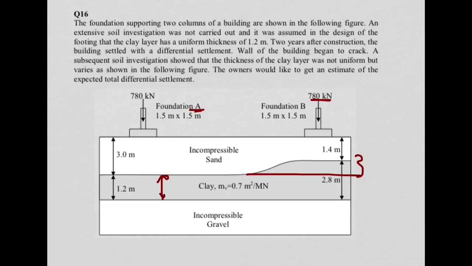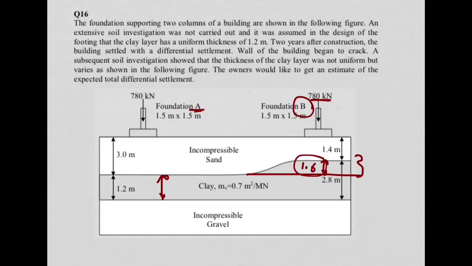So what is the thickness of this layer now? It is about 1.6 meters. Okay, so let us calculate the settlement under footing B for this clay layer, which has a thickness of 1.6.